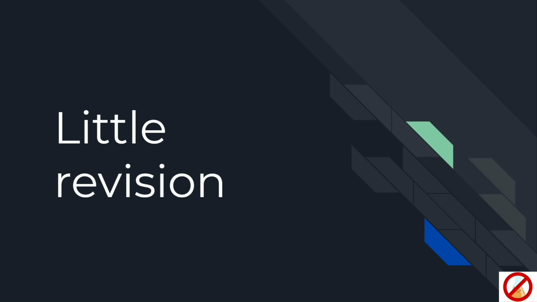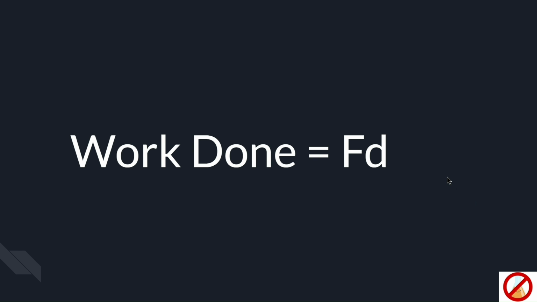A little revision right here from the previous video, because I thought it would be useful for us to remember this. Here's a formula: work done equals F times D. I just want you to label what these three things mean first. Alright, and I'll check back later.